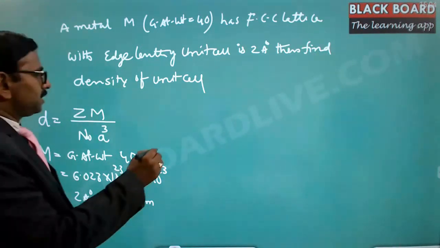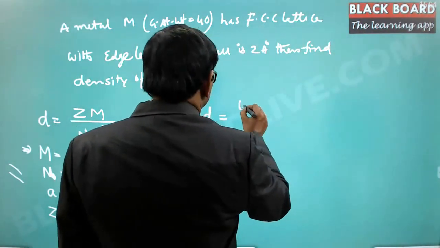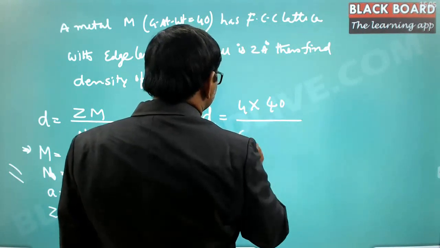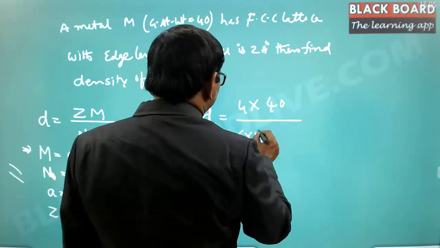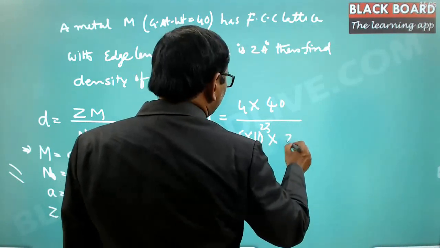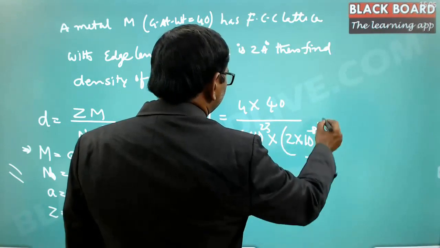Substitute these values in D. Z is equal to 4, M is equal to 40, by 6 into 10 power 23 into edge length 2 into 10 power minus 8 whole cube.